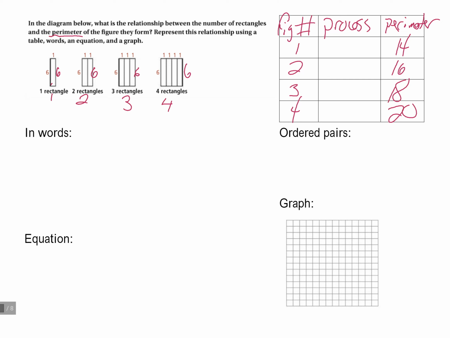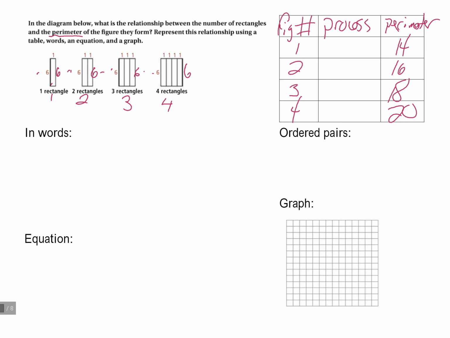It's all about patterns. What did we see happening as we were filling those things in, as we were thinking about what was happening here? Well, we always had the 6 and 6 on the sides. This and this were always here. The 6 and the 6 were always there on the perimeter.